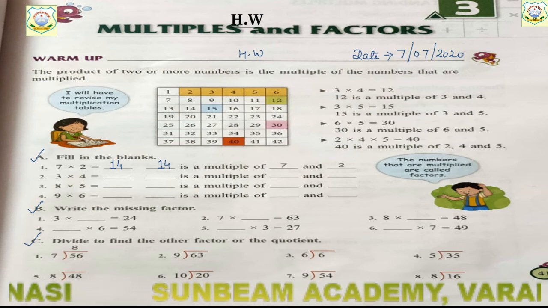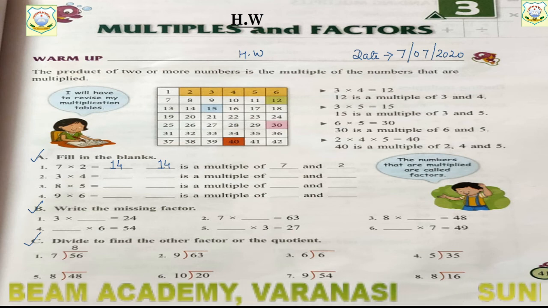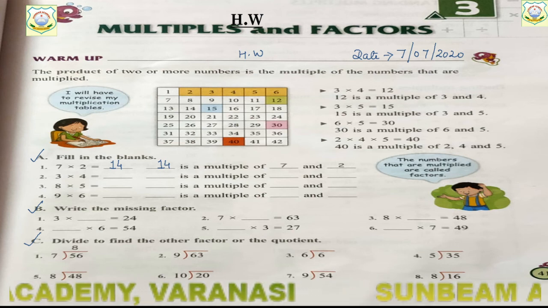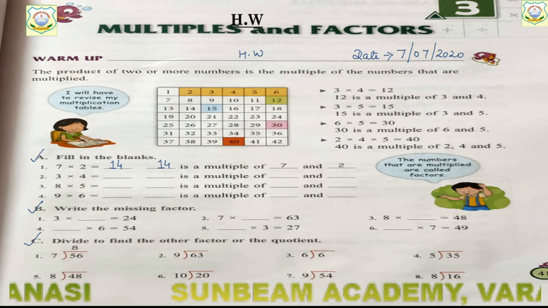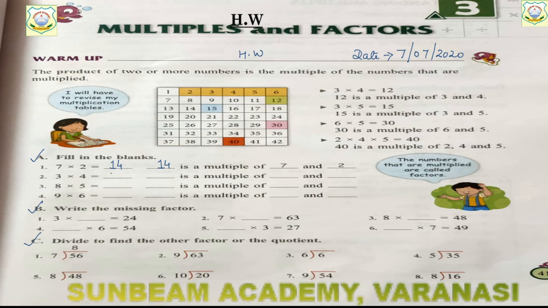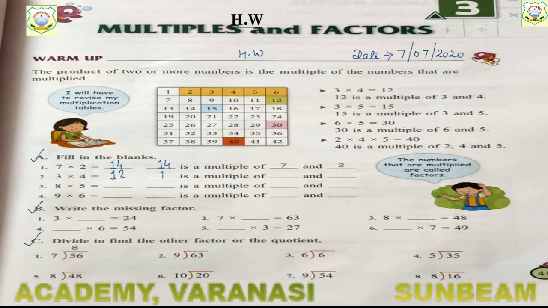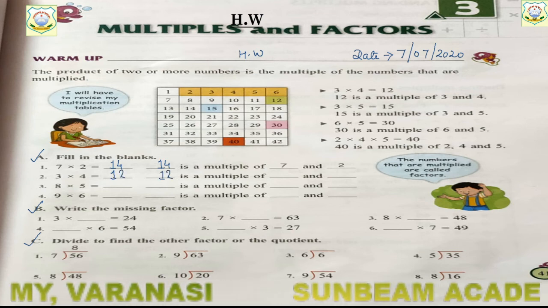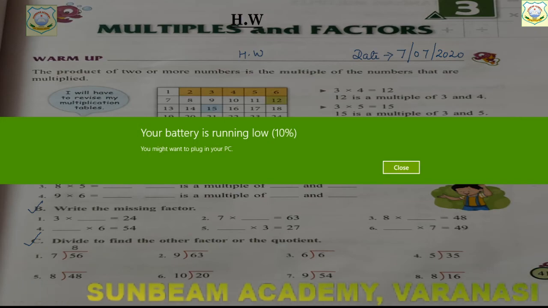These are the numbers. These numbers you have to write here. Now I'm doing one more so that you won't be confused. 3 multiplied by 4. So that is 4 3s are 12. Okay. Now then we will write here 12 is a multiple of which numbers? 3 and 4.